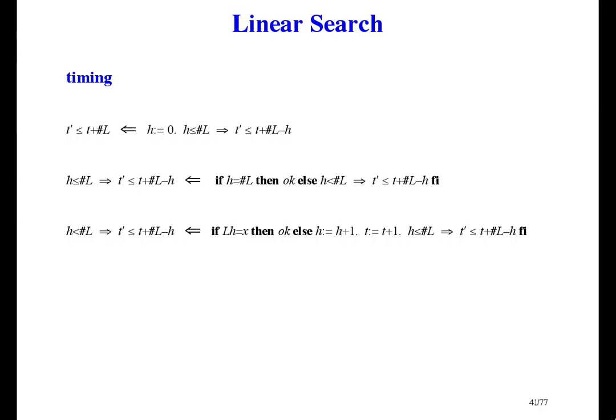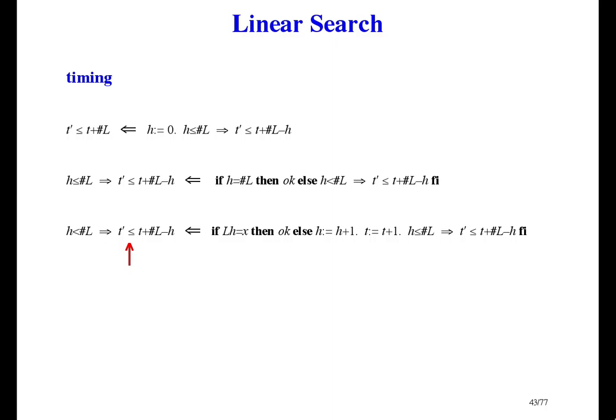The other case just strengthens the antecedent. In the last refinement, we have h is less than the length, and from OK we have t prime equals t, so together we have what we want.